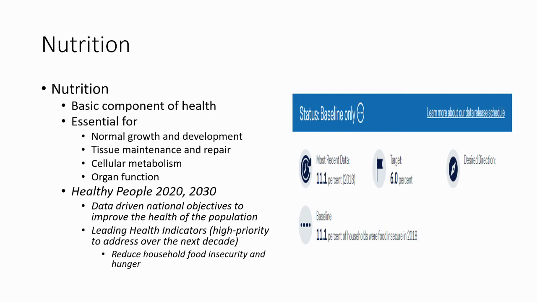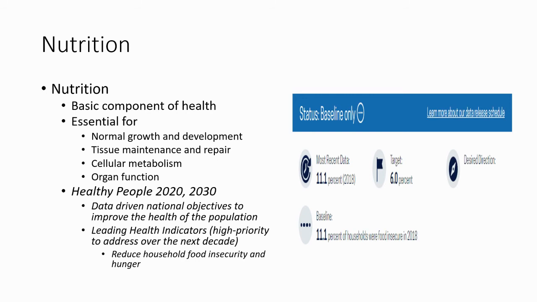And as a nurse, you're very much in tune to nutrition because, as we know, poor nutrition is the crux of most health issues that people experience. Without this basic component of health, we can see problems in terms of organ function, cellular metabolism, tissue maintenance, repair, even your immune system, and normal growth and development, such as infants, toddlers, and young children.